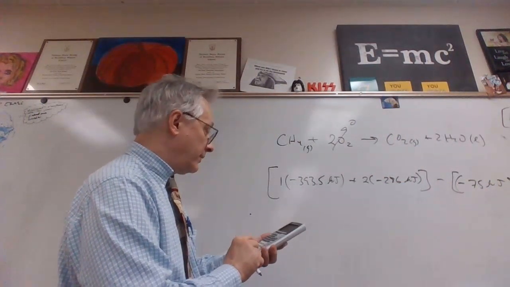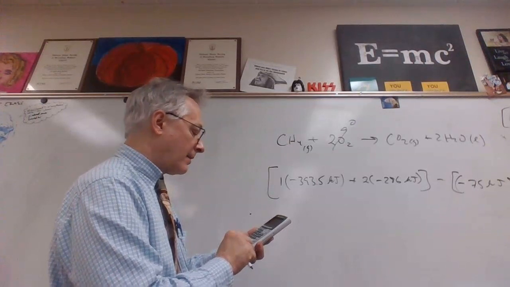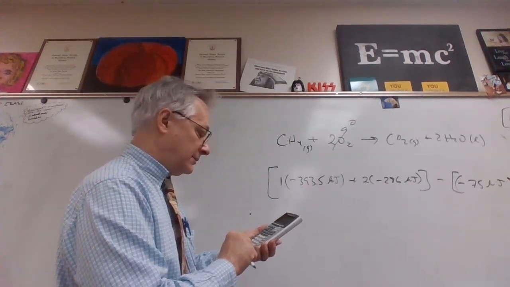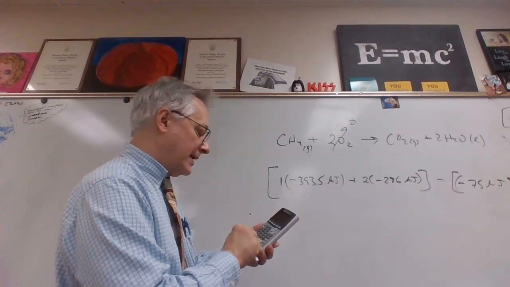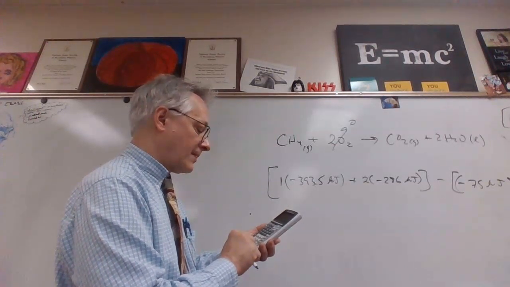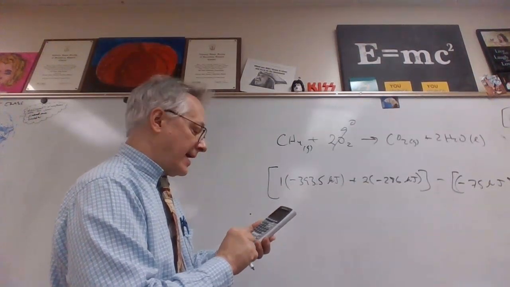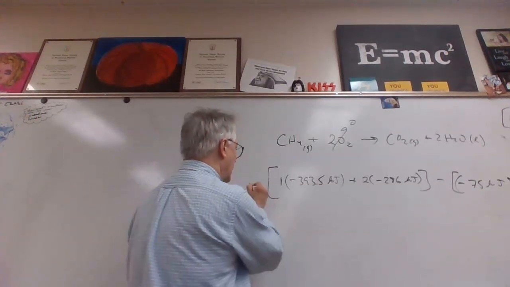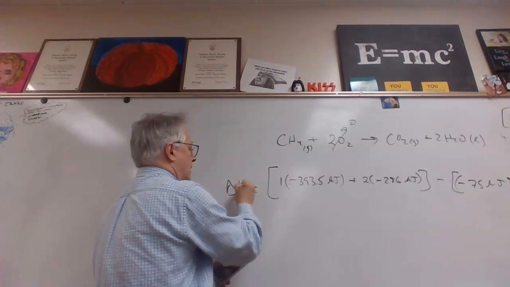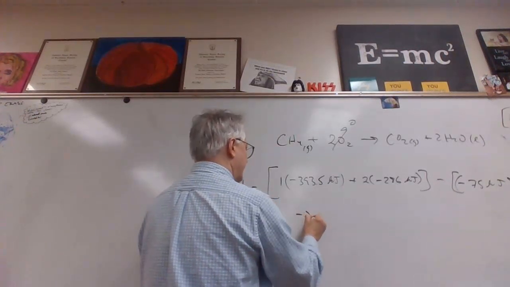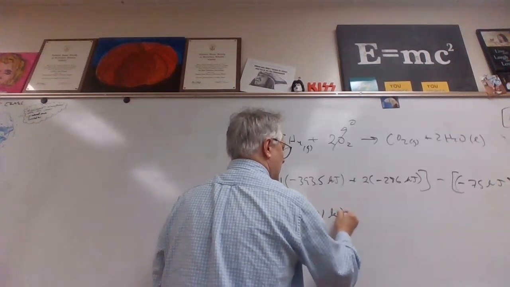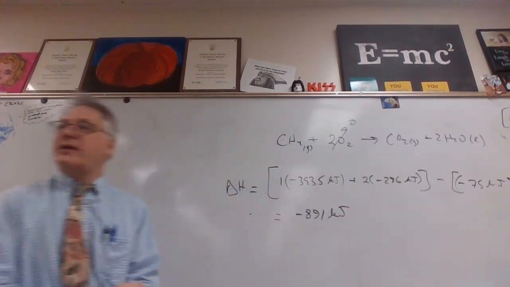Negative 393.5 plus 2 times negative 286. And I get negative 891 kilojoules for the delta H for that reaction.